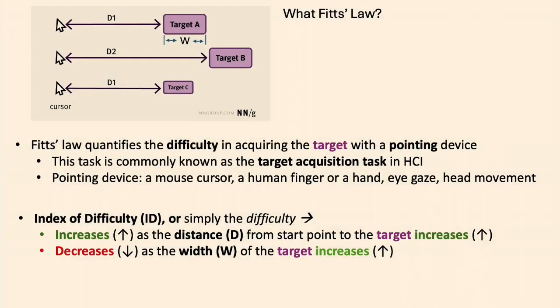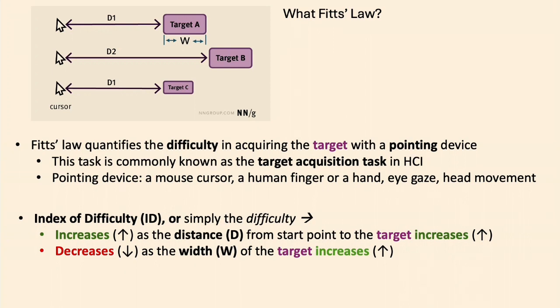So the idea is if the target is farther back, I have to move more, so the difficulty increases. If the target is bigger, I don't have to be too precise, so the task becomes easier. If the target is smaller, it's harder because I have to make more careful movements. So in Fitts law, there are three terms we have to use a lot: index of difficulty, or ID, or simply the difficulty; then the distance between the cursor and the target; and the width of the target, usually along the movement of the cursor.